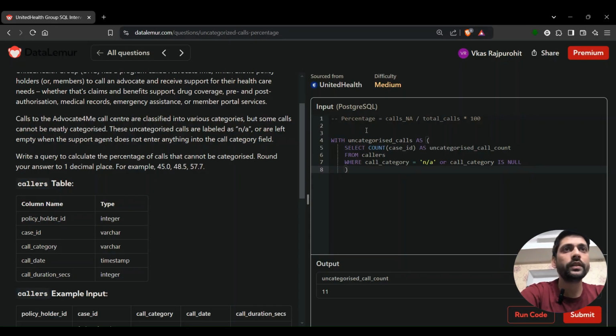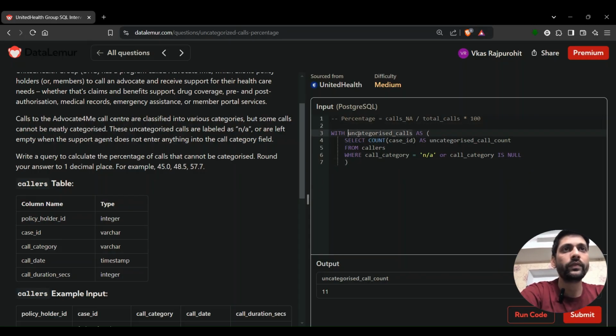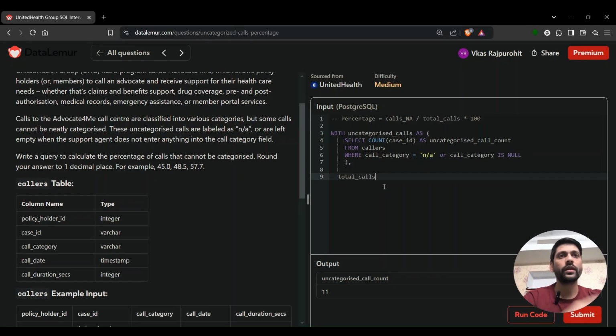So here we have written one table. We will get this information, the calls count. We also need the total calls. Instead of writing a subquery, I will make it a CTE as well. I will give the name total calls. Whenever we are creating multiple tables as CTEs, we do not have to use WITH again and again. We use it one time only, and we separate the tables by a comma.